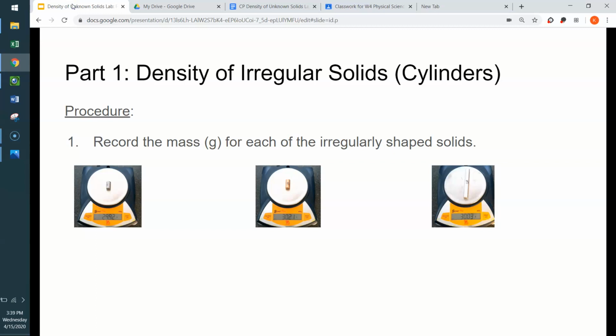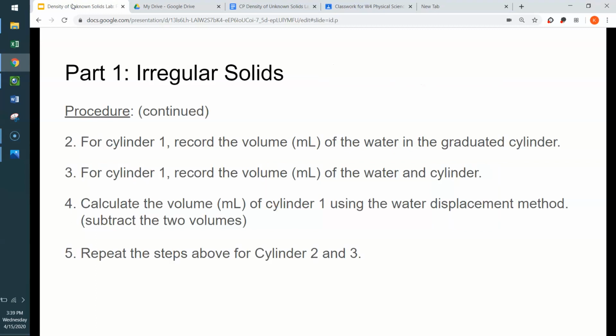Once you've recorded the mass for each, we're going to work on using water displacement in order to figure out the volume for each of these irregular solids, each of these cylinders. So for cylinder 1, I'm going to show you some pictures. I want you to read the graduated cylinder with just the water in it and record that volume. Then I want you to read the graduated cylinder with the water and cylinder 1 and record that volume.